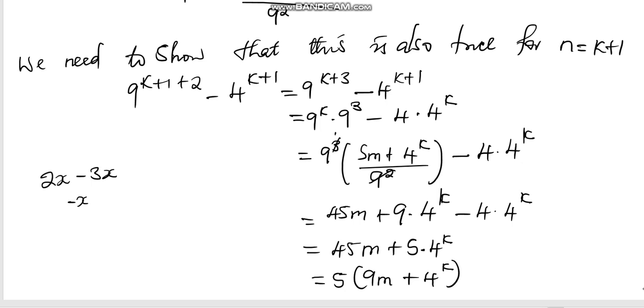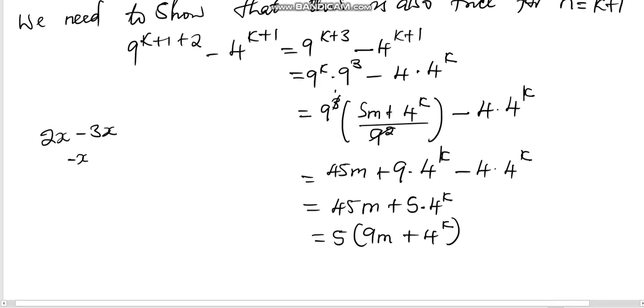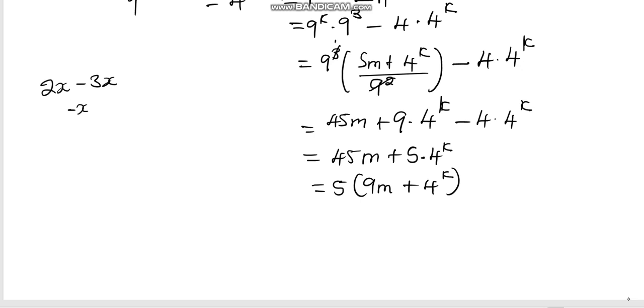So whatever values of m and k we put here, we'll still get a number that is divisible by 5, because we have a 5 that will be multiplied by this number. If we're able to factor out a 5, it shows that this number is divisible by 5. So then we put a statement there saying therefore this is true for n equals k plus 1.